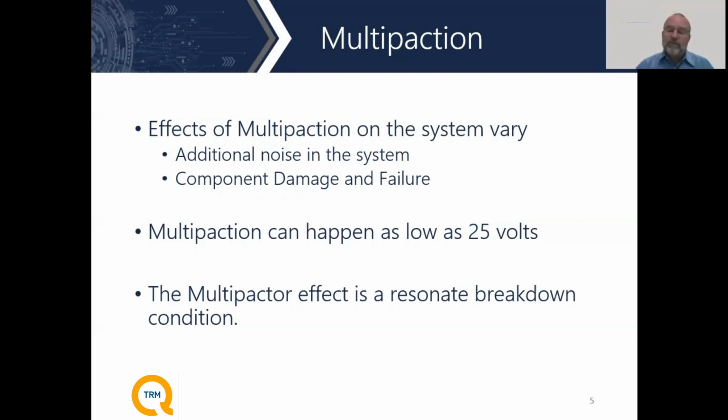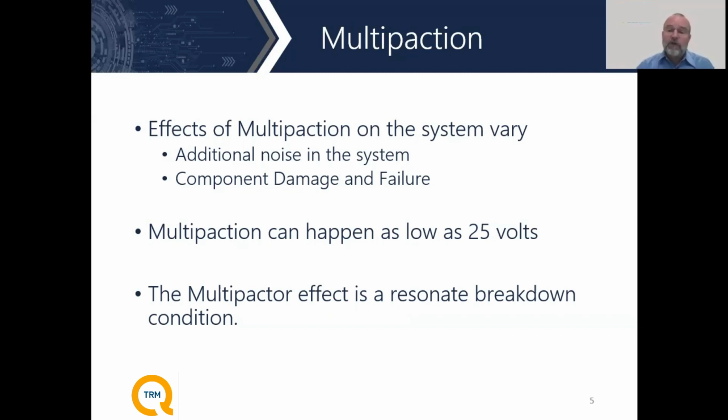So what happens typically when this multi-impactor happens is that the signal to noise ratio of the system gets so bad that you lose the signal. And that is one level of a multi-impactor. So basically you can make a system non-functional because the system noise has increased so significantly that you can no longer discern the signal that you're trying to trace.